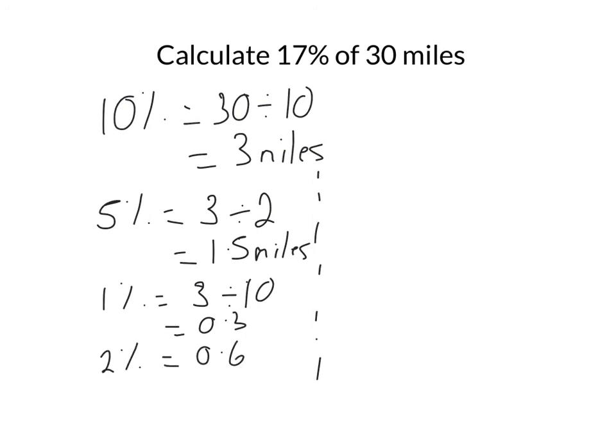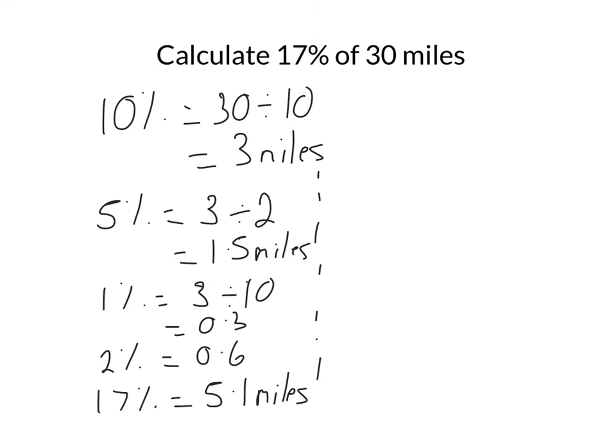I would then add my values for 2%, 5% and 10% up to give me 17%. So 17% would be equal to 3, add 1.5, add 0.6, which is 5.1 miles.